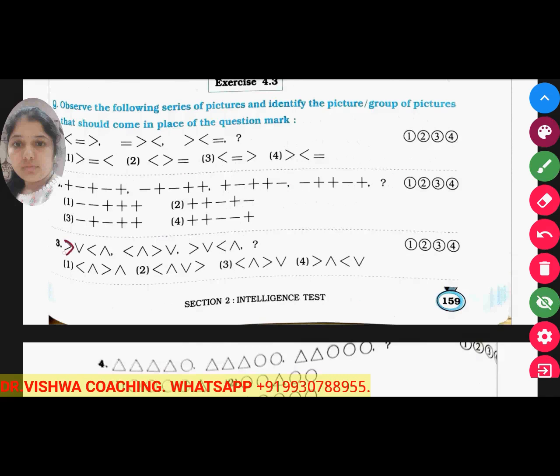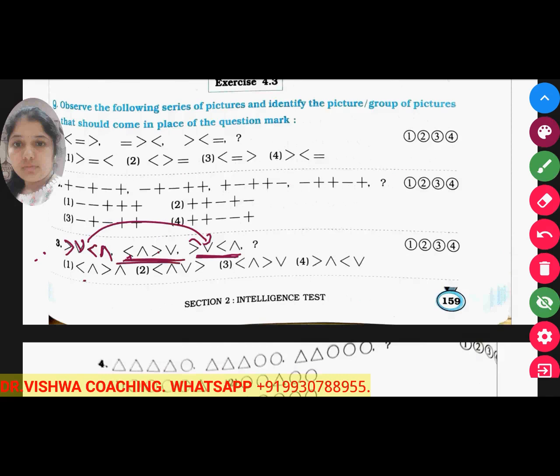Now see here, each symbol, whether it is facing towards left, it faces towards right. If it is facing up, it faces down. So their direction changes by 180 degrees. Again their direction changes by 180 degrees, and the first order is repeated. So what is the next?